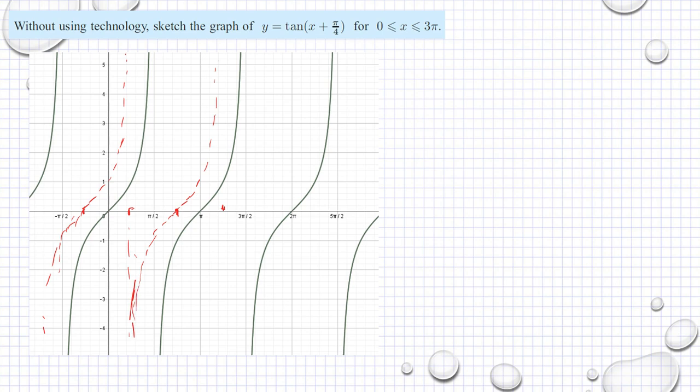It should be like that, to the left anyway, not to the right.